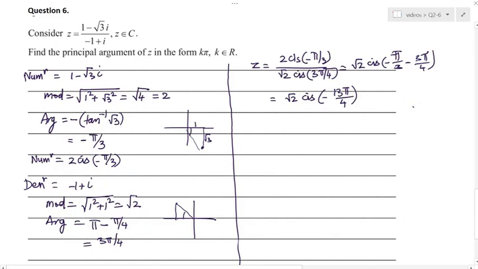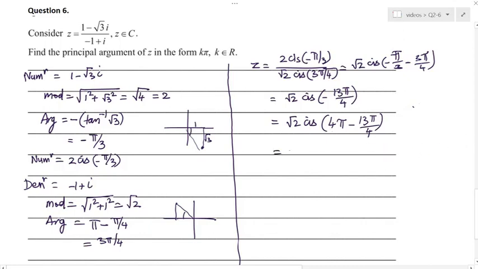The other way of doing that is we can just add 4 pi here. So 4 pi minus 13 pi over 4. Just remember that cis theta is equal to cis of theta plus 2k pi. So I have added 4 pi here, and that would not change anything.